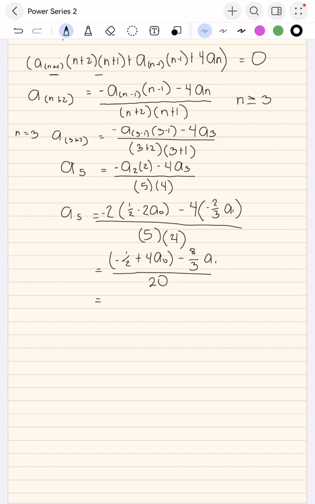And then after that we could have the n is equals to 4.